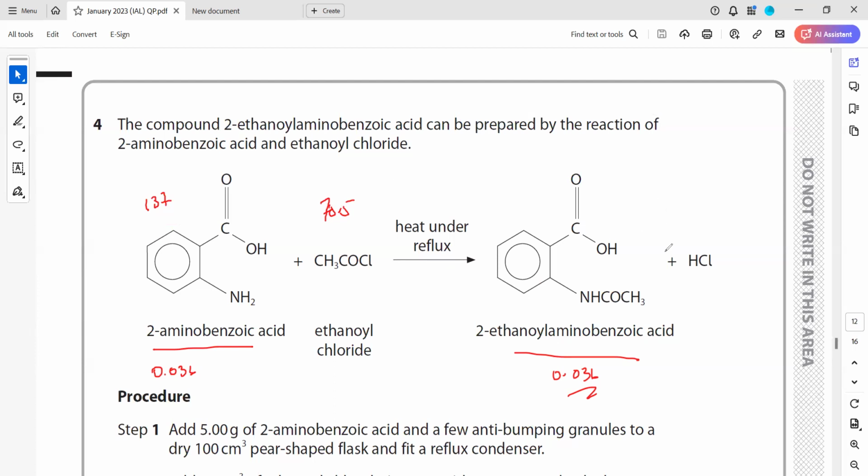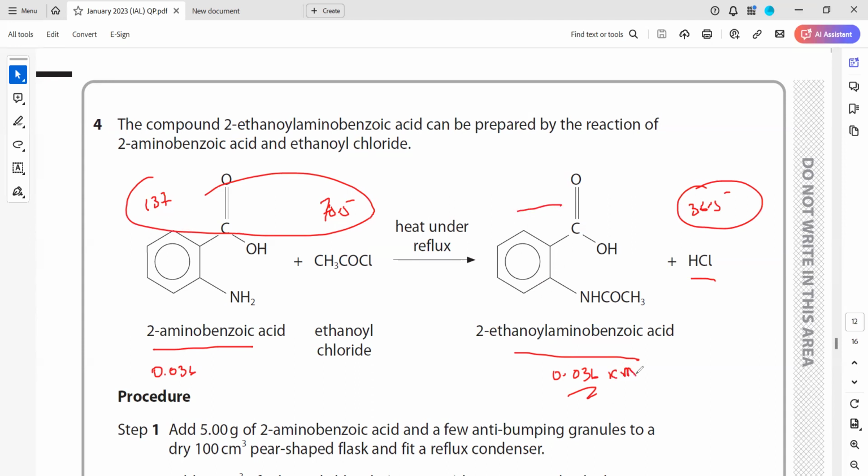And the molar mass of HCl according to the equation: chlorine is 35.5, hydrogen is 1, so 36.5. So if I add these two and subtract the mass of HCl according to the equation, for example, if a 2 was written here, then I'd multiply this by 2, but nothing is written, so we don't multiply. So if I subtract them, I will get the mass of this compound.